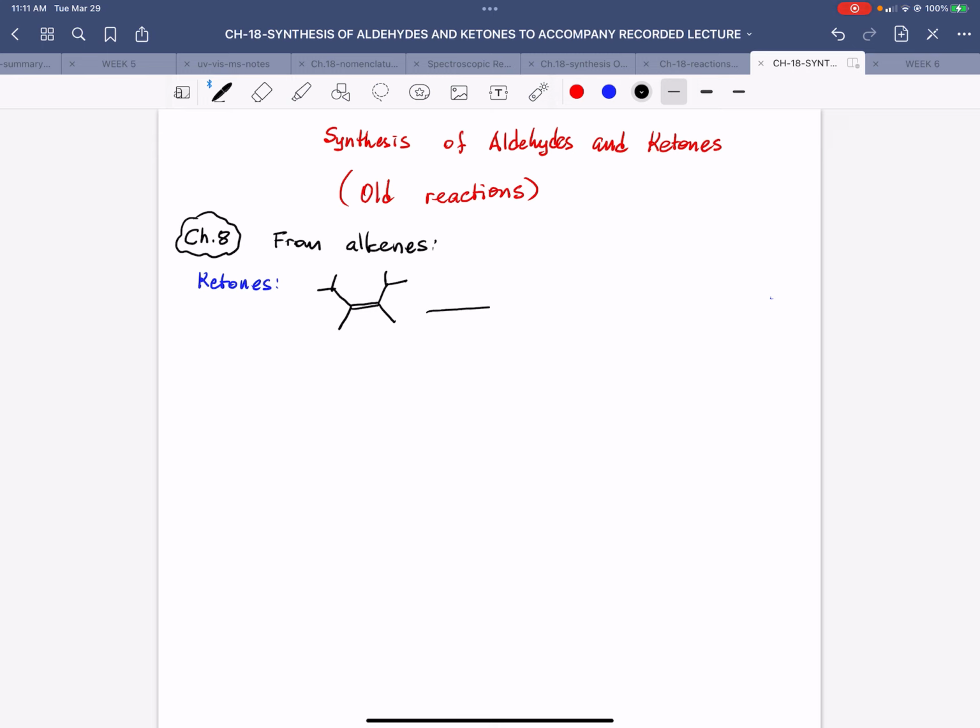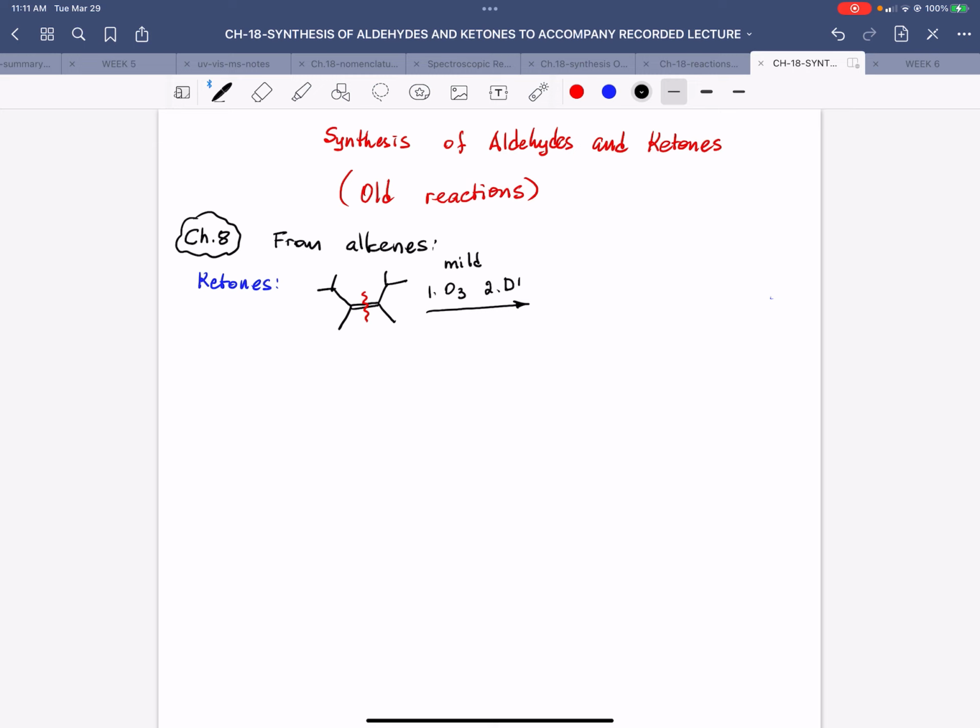So for oxidative cleavage of the alkene, I'm going to use either the ozonolysis reaction, or I can go into a harsh oxidative cleavage. Okay. For ketones, we can use mild oxidative cleavage, which will be the ozonolysis reaction.